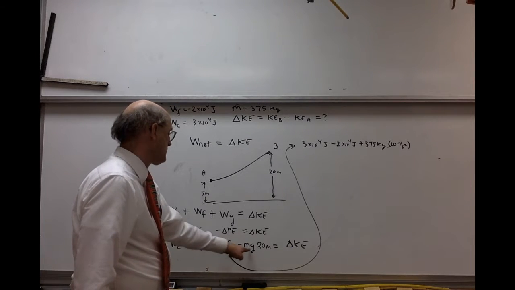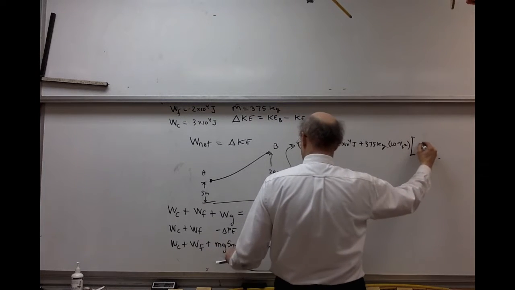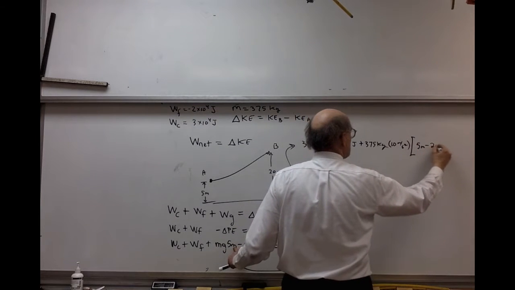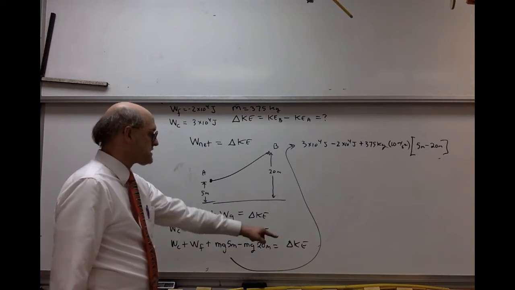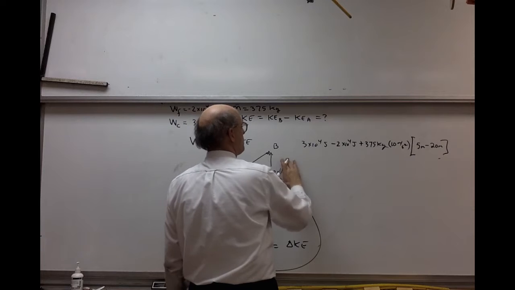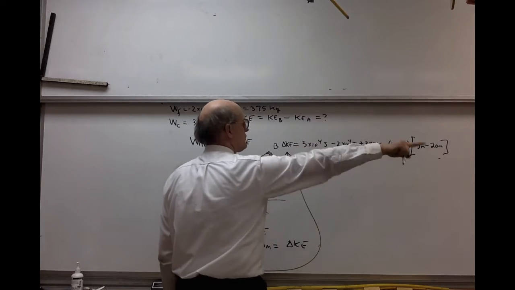Okay, now I'm going to factor out the mg, and then I can multiply this by 5 meters minus 20 meters. And that's equal to the change in kinetic energy. I'll put that over here. So delta KE then is equal to all that.